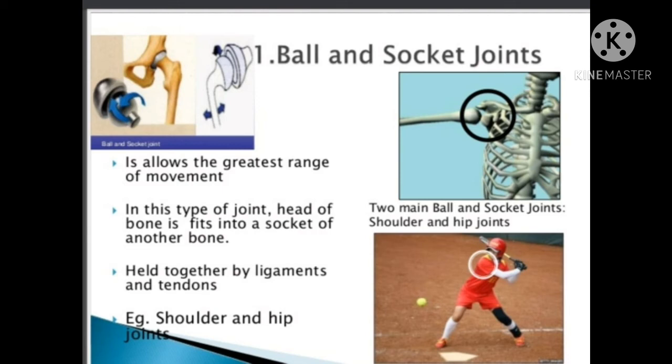Example, shoulder and hip joint. Children, you can also see from the picture. We are able to rotate our arm and leg because of the ball and socket joint.